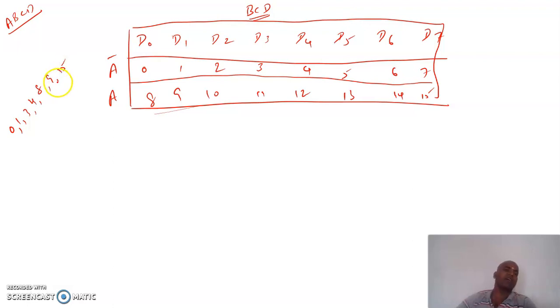These are the given minterm values. So let's mark these minterm values with parentheses inside the table. That is 0, then 1, and number 3, and number 4, and number 8, and number 9, and number 15.